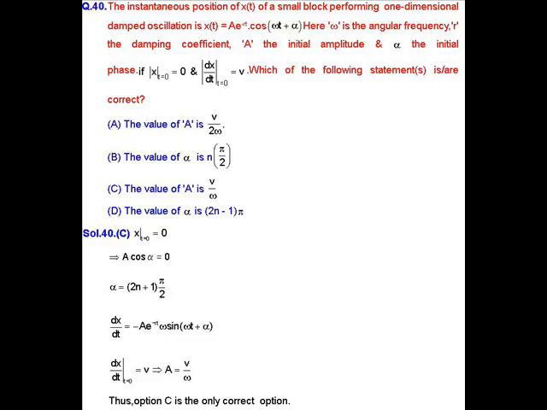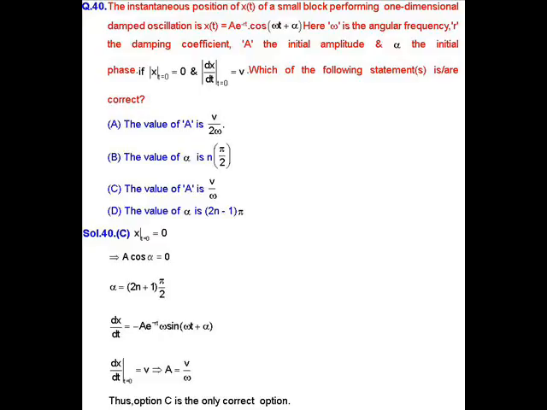MSQ question number 40. The instantaneous position x as a function of time of a small block performing one-dimensional damped oscillation is x of t equals a e to the power minus gamma t cos of omega t plus alpha, where omega is the angular frequency, gamma is the damping factor, a is the initial amplitude and alpha is the initial phase.